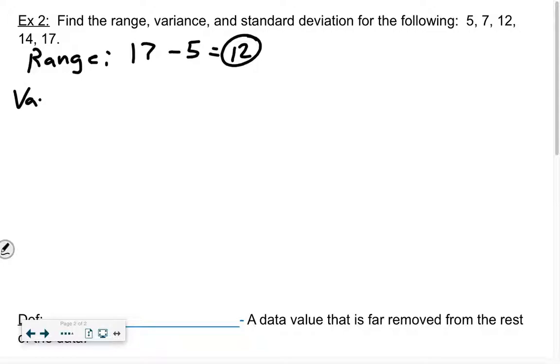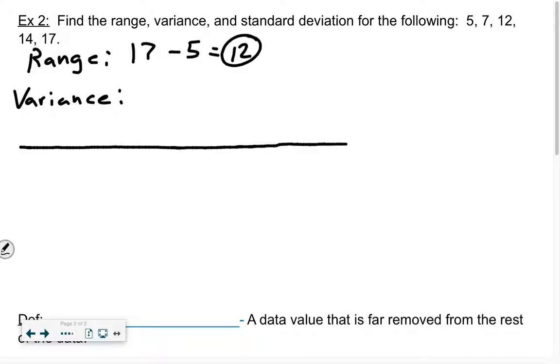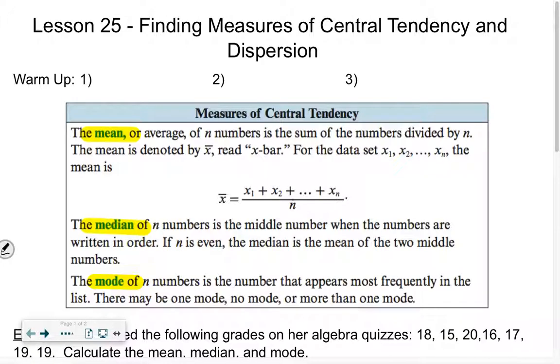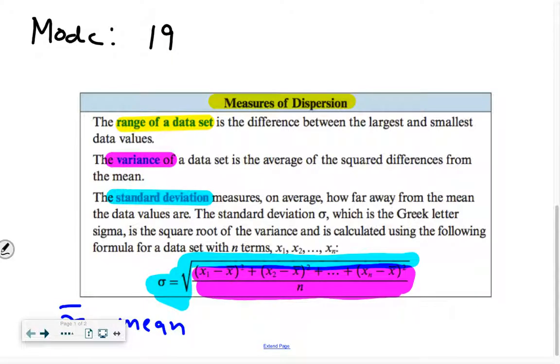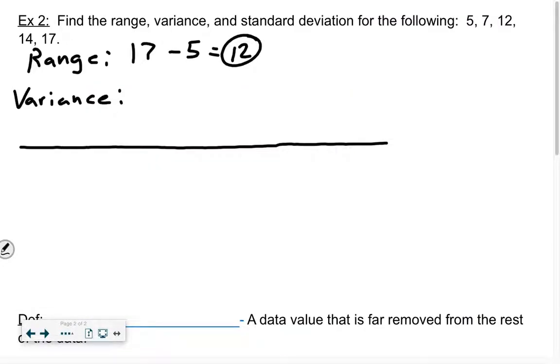Variance. Here we go. Big fraction bar. Going back to the definition, it was always the term minus the mean. So let's find the mean first so we can plug that in right away. What is our x bar going to be? Answer that we came up with, Abby? 11?